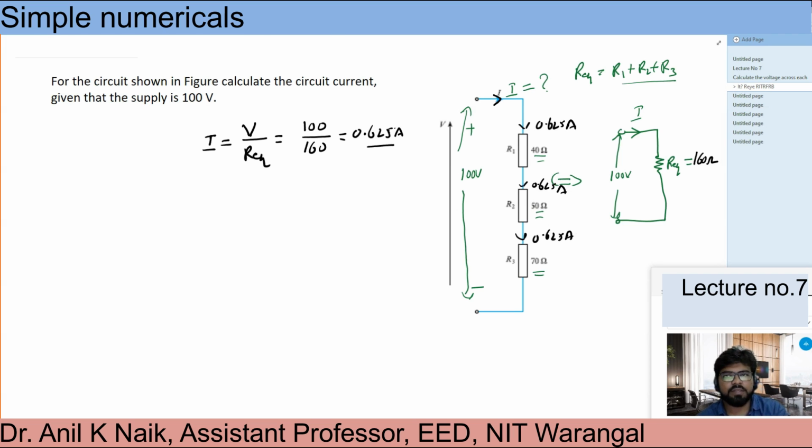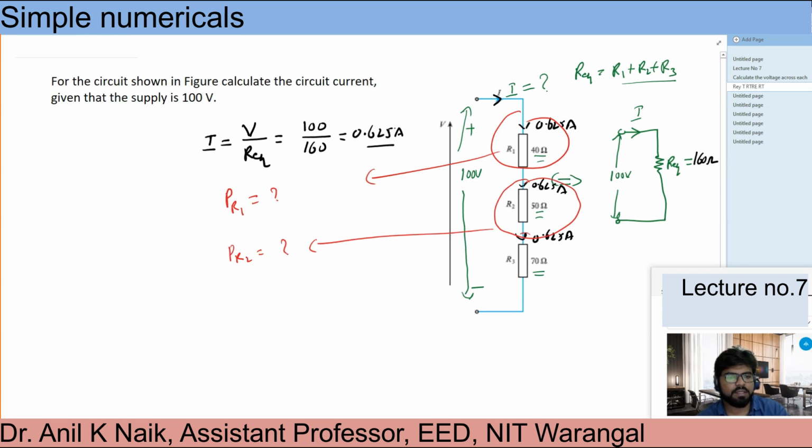Now if I ask you to calculate what is the power here, at PR1, can you calculate? You can do it. Similarly for this, if I ask you to do PR2, what is the power here? You can do that one also. And similarly, you can do PR3 also.